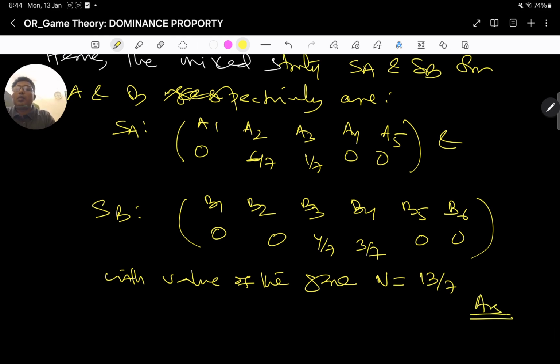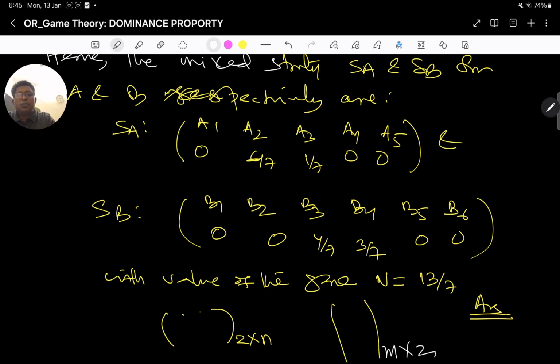So this is all about the dominance rule, right? Dominance rule is very important for solving many problems, but the difficulty is that in some cases, suppose we reach some 2 by n or some m by 2 and it is further not reducible to 2 cross 2.